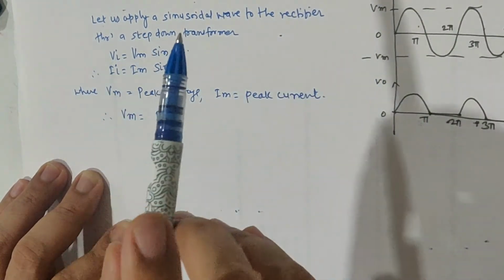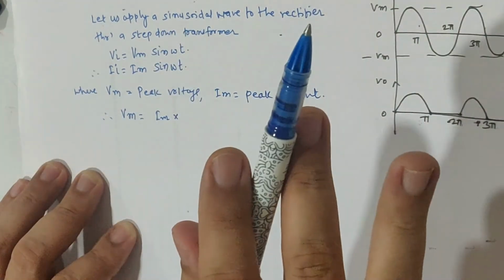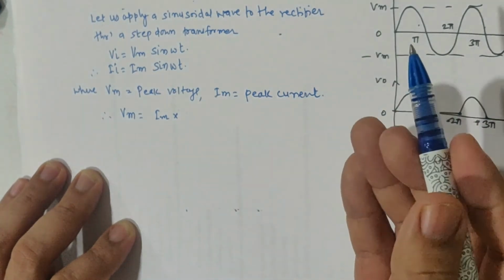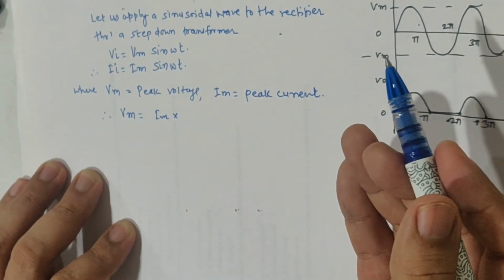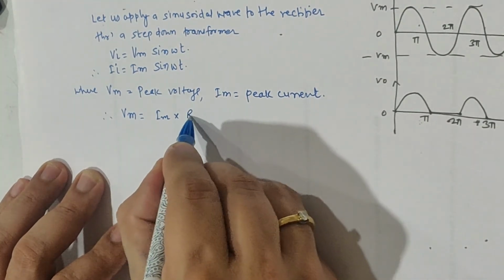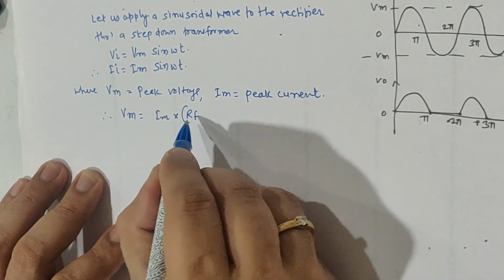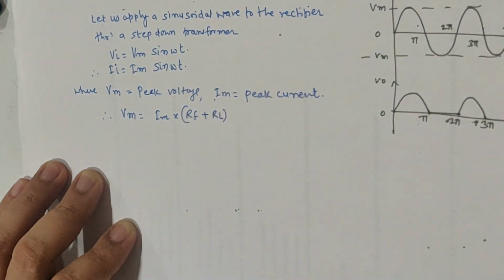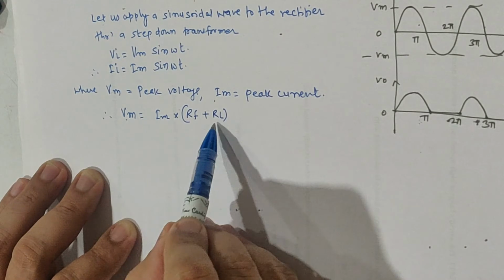But if I consider the diode not to be ideal, it will have some resistance in forward bias, right? And that resistance is, let us say, the forward resistance RF. So that is the resistance of the diode plus the load resistance. V is equal to IR.